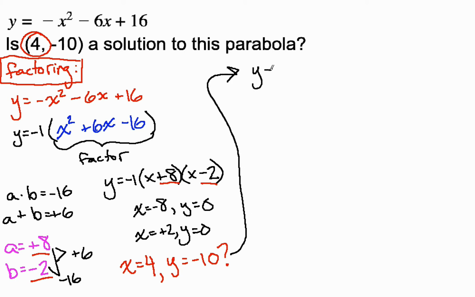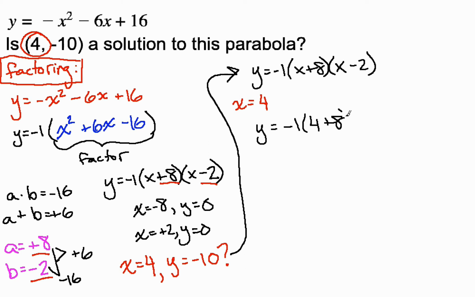So I have y equals negative 1 times x plus 8 times x minus 2. Now I'm going to plug in x equals 4. Y is equal to negative 1 times 4 plus 8 times 4 minus 2.